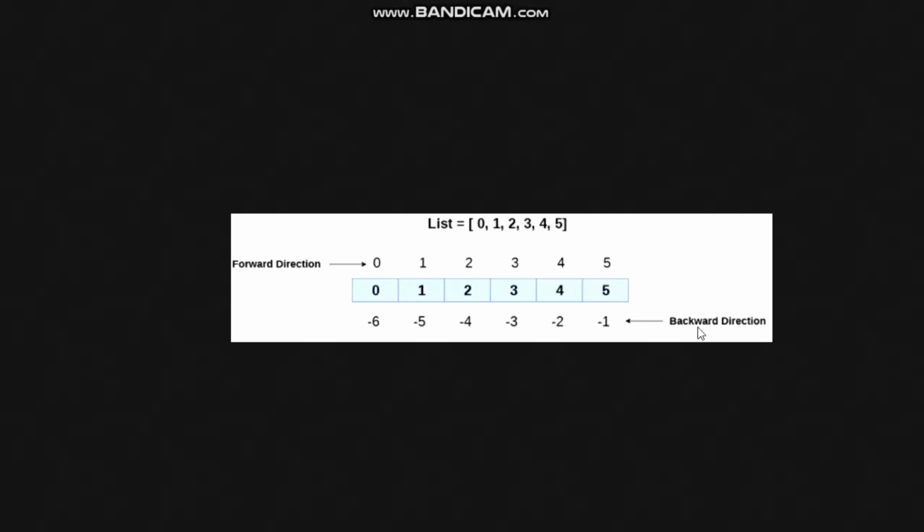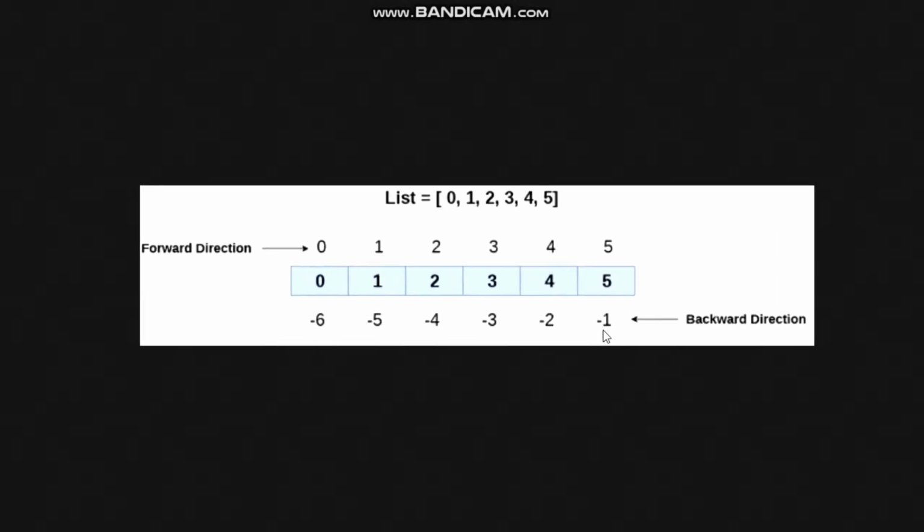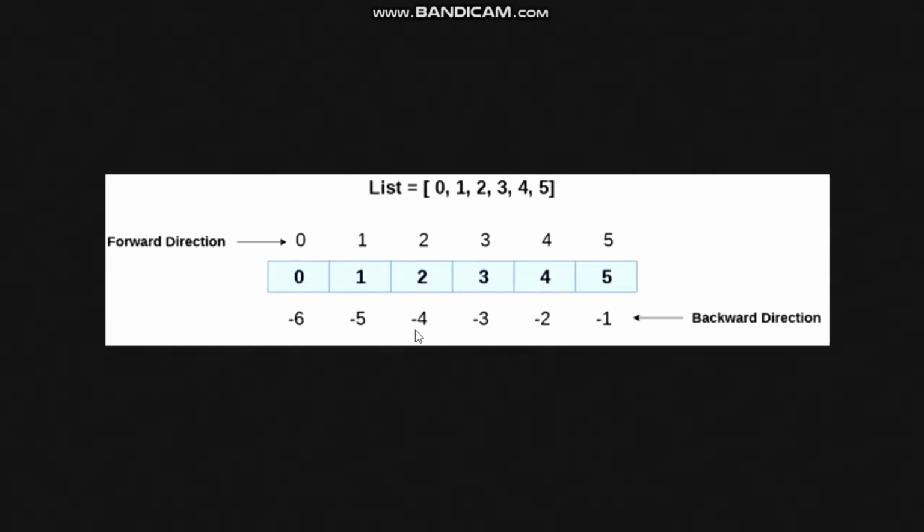In the same way, in the backward direction we have minus 1, minus 2, minus 3, minus 4, minus 5, minus 6. In negative indexing the first element will be minus 6, whereas the last element will be minus 1. In positive indexing the index of the first value is 0, whereas the last value will be n minus 1. The position minus 1 is the positive indexing value.